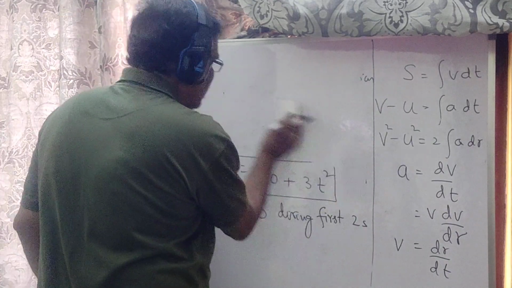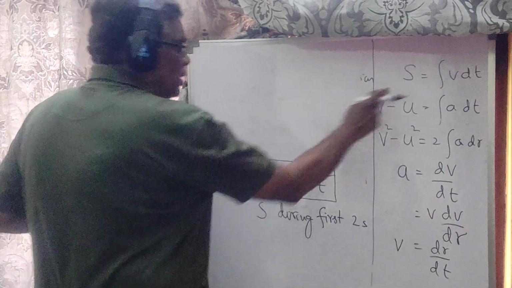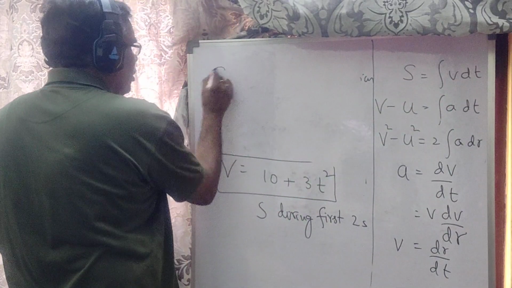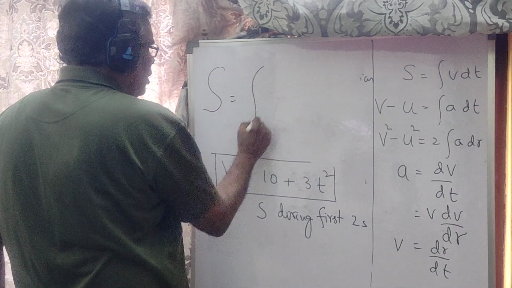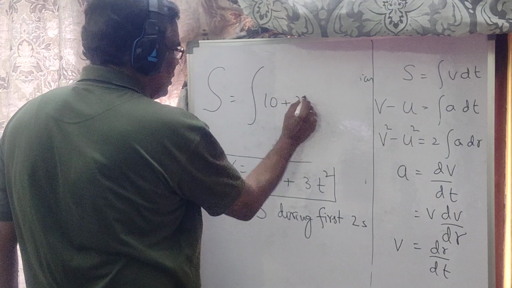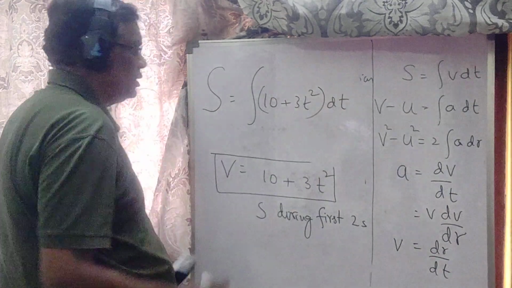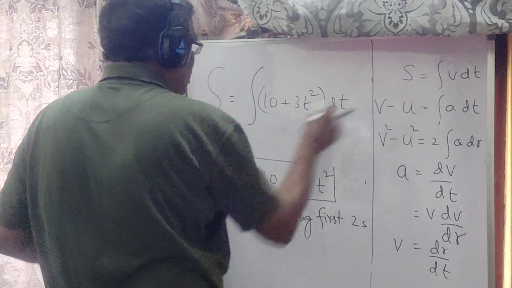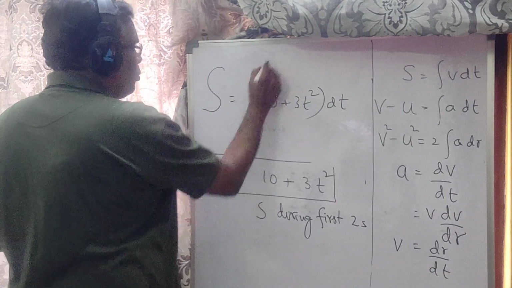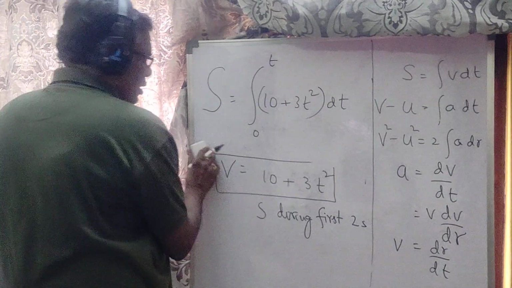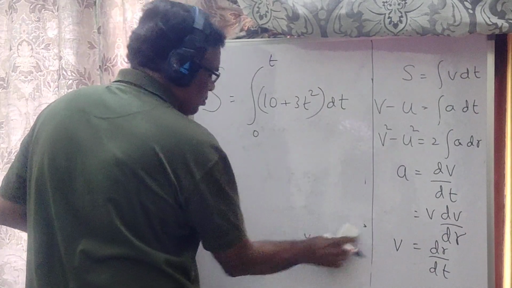How? Now look at that. As I told you, for displacement there is only one relation. So s is equal to integral of 10 plus 3t square, say dt. Now, as before, put it from 0 to t. Now what do you do?